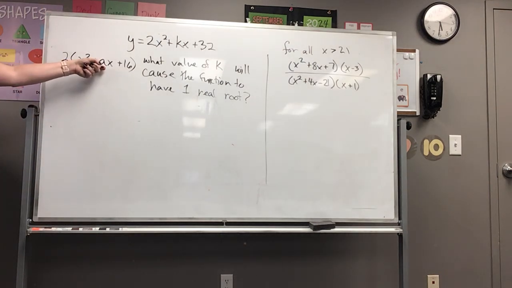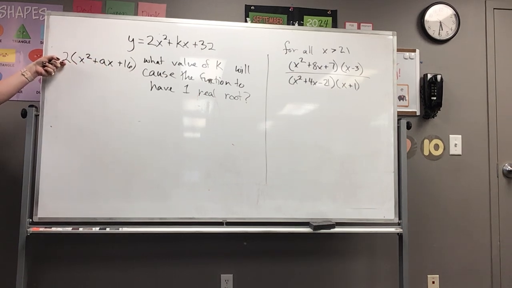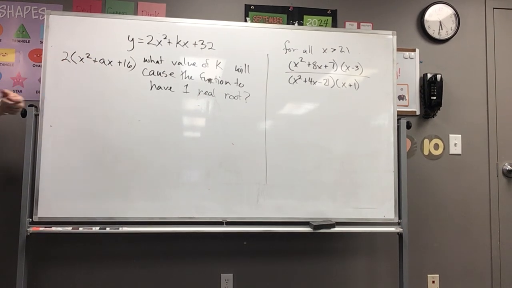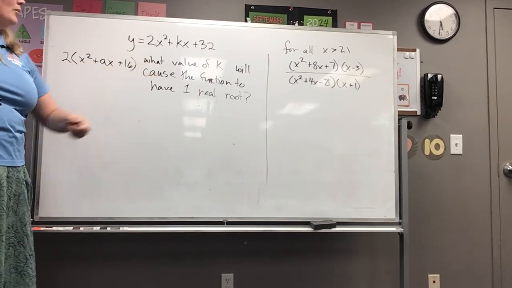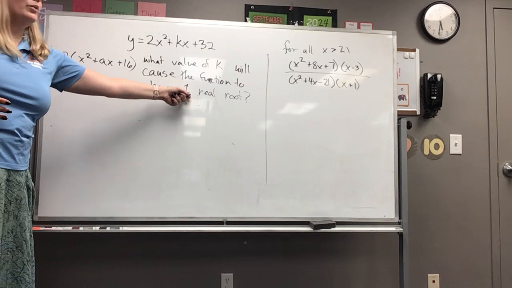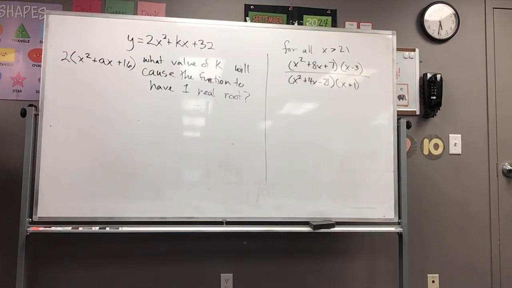Give yourself an A here, and then you can deal with that 2 later. So we're trying to find out what will cause the function to have one real root. What makes one real root happen?